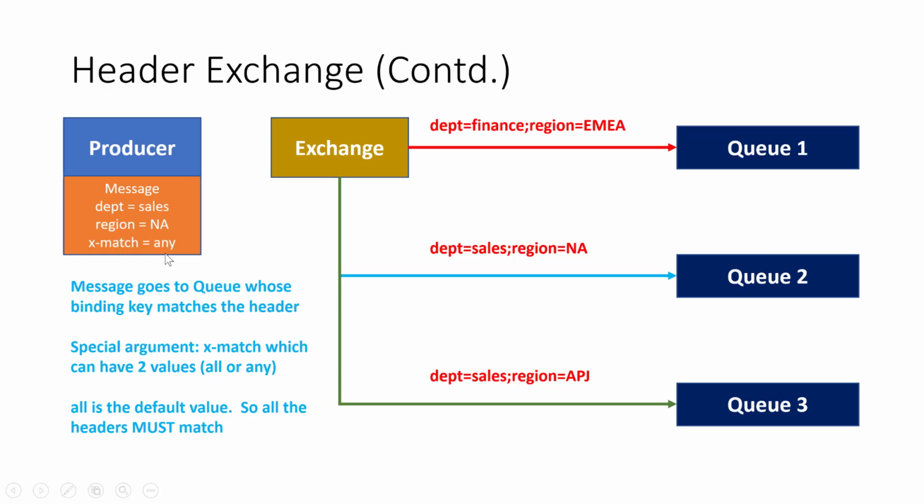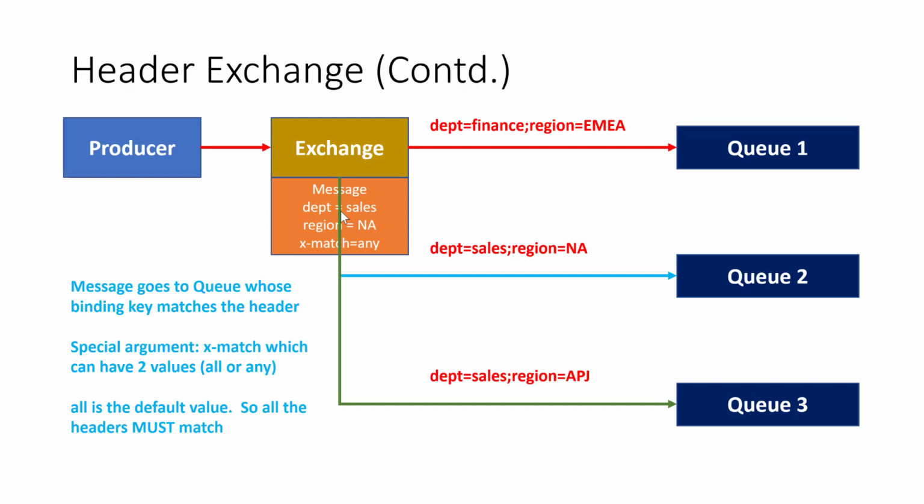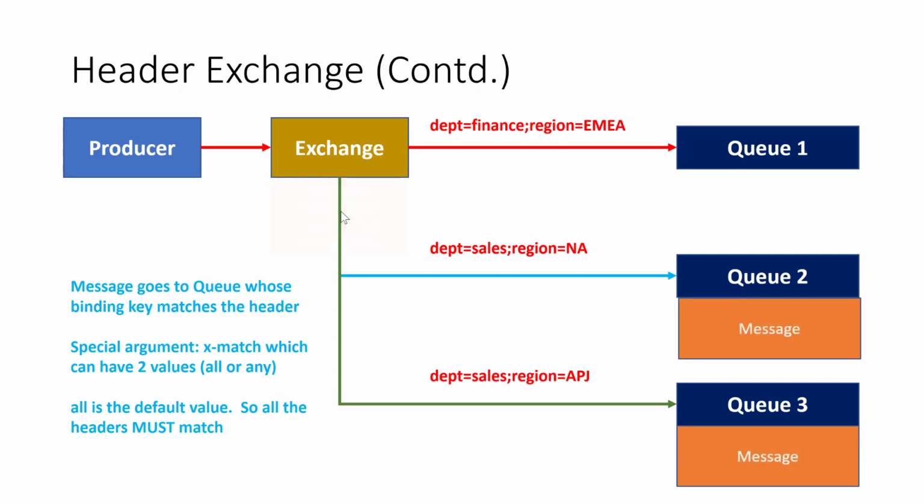All is the default, and in this case we specifically specify the value as any. So the producer sends the message to the exchange, and the exchange this time around sends the message to both Q2 and Q3 because department equals sales matches one of the headers.